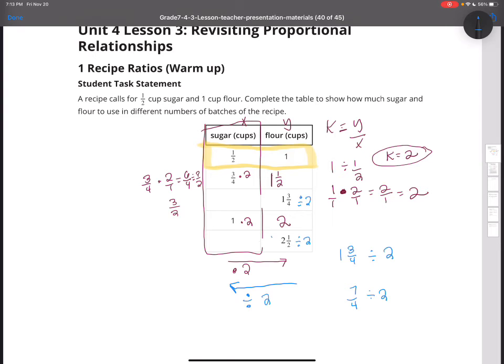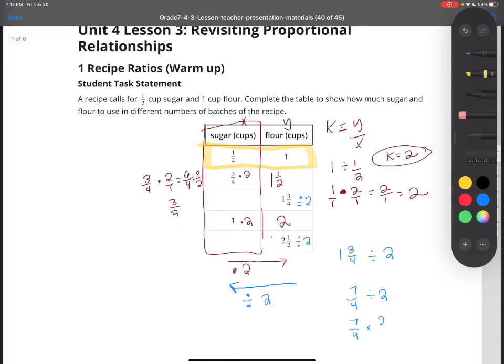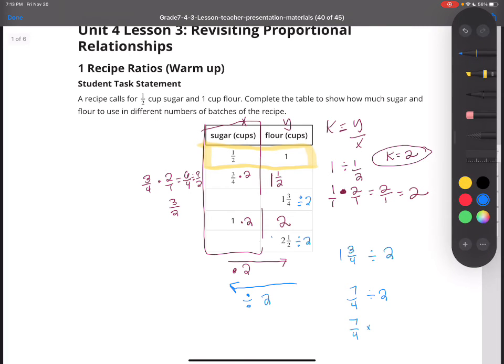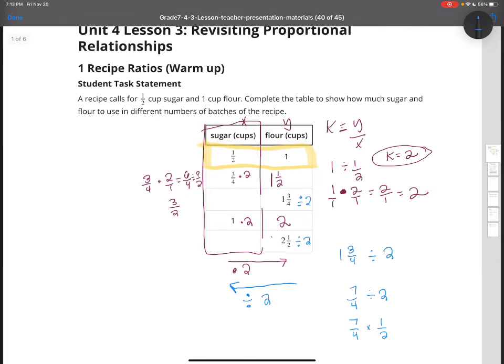Now I want to apply the multiplicative inverse, which is 7 over 4 times, not 2 over 1, but 1 over 2. And if you're wondering where I got that 1 from, it's always understood that with whole numbers, 1 is underneath it, okay? So when I multiply going straight across, I should get 7 times 1 and 4 times 2, which is 7/8.